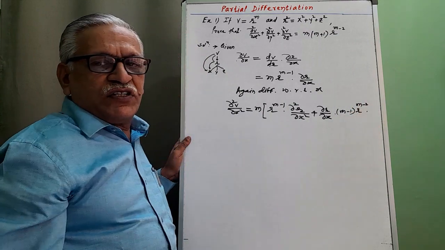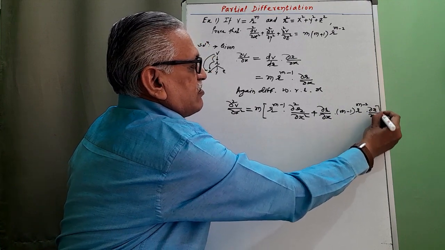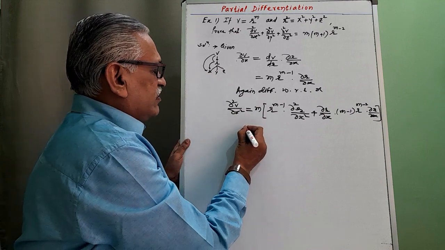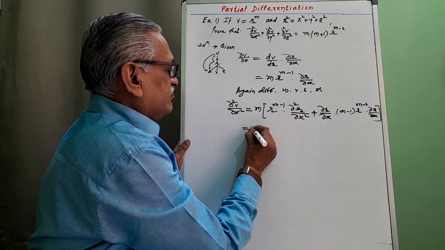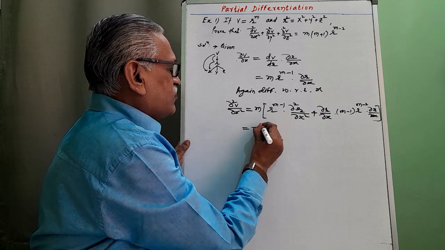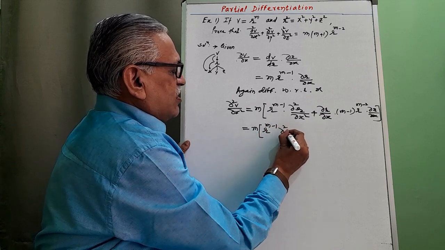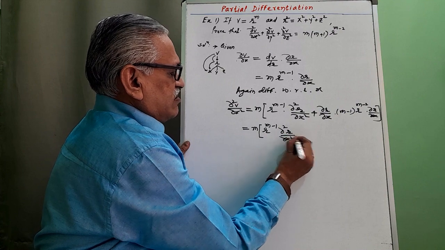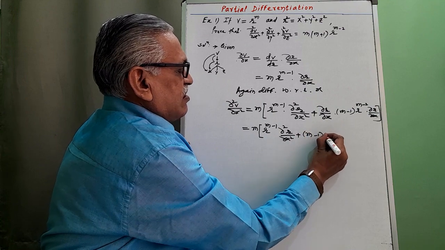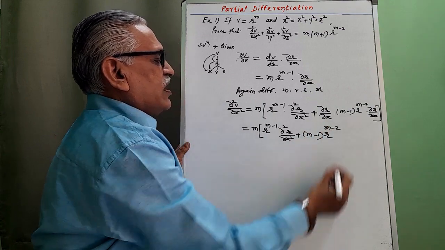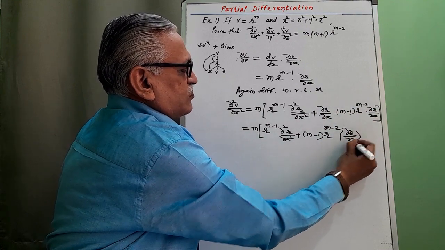Chain rule, differentiation of r with respect to x is dou r by dou x, and therefore it is equal to m into r raised to m minus 1, or we keep this m outside as it is, r raised to m minus 1 dou 2r by dou x square plus m minus 1 r raised to m minus 2, and dou r by dou x into dou r by dou x, it becomes dou r by dou x square.